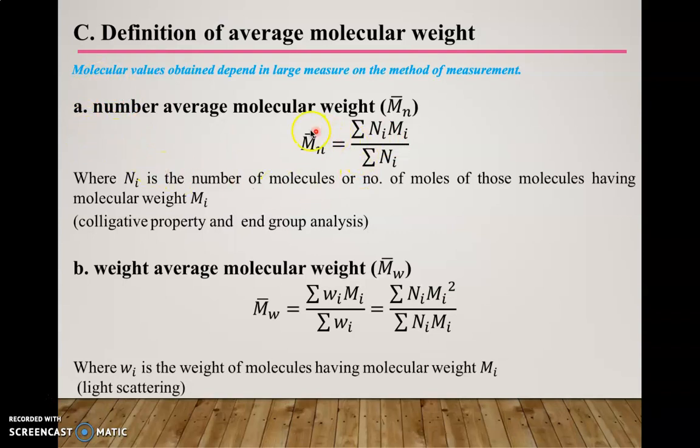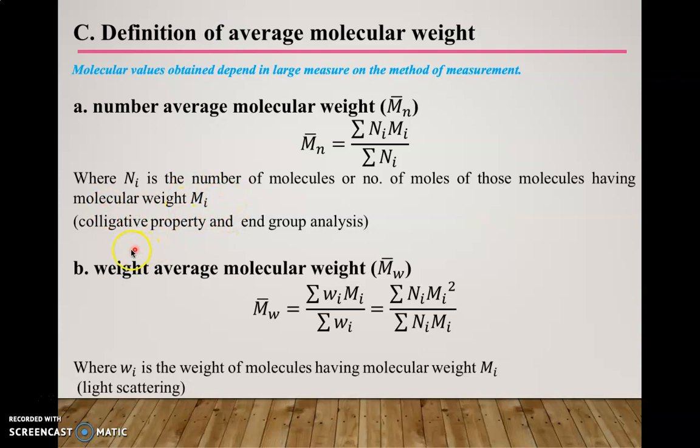So here the formula that is used to determine the number average molecular weight is nothing but summation NiMi upon summation Ni, where Ni is the number of molecules or number of moles of the molecules having a molecular weight of Mi.